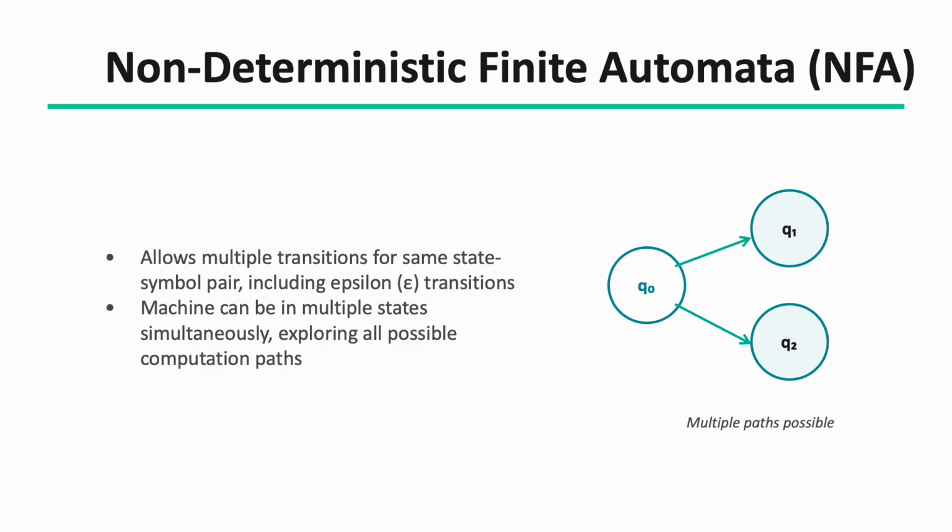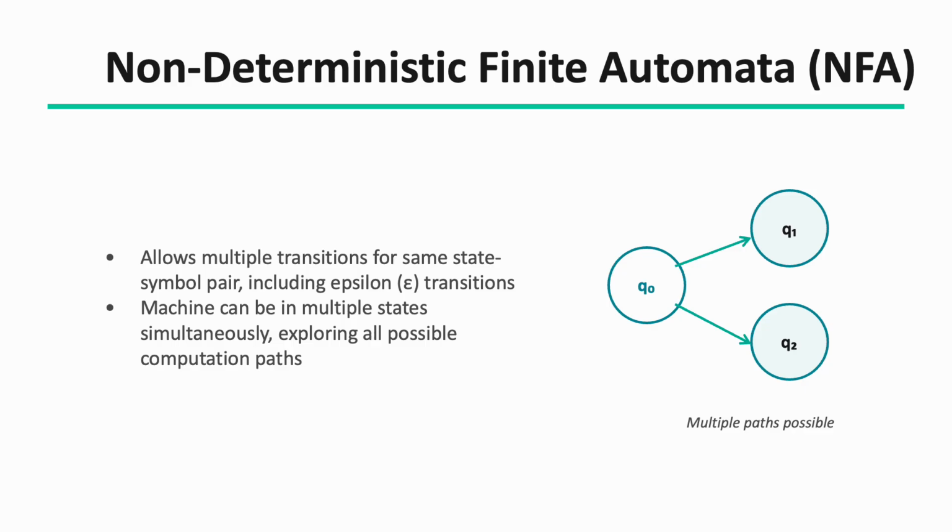Let's say you are designing a simple system to recognize the words cat and car. An NFA could start at Q0 and, upon seeing the letter C, transition to multiple states that represent the possible next letter A for both words.